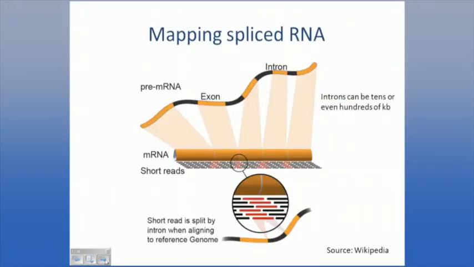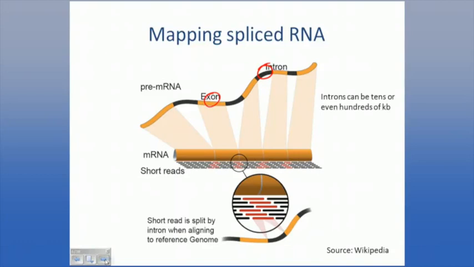So, just an illustration of mapping a spliced RNA. Here we have a pre-mRNA sequence which contains exonic sequences in orange and introns indicated in black. And when the pre-mRNA is spliced, obviously it makes a contiguous mRNA sequence.